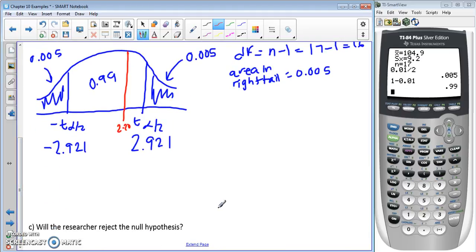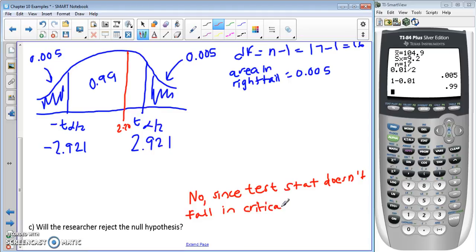So, no, since our test statistic does not fall in the critical region.